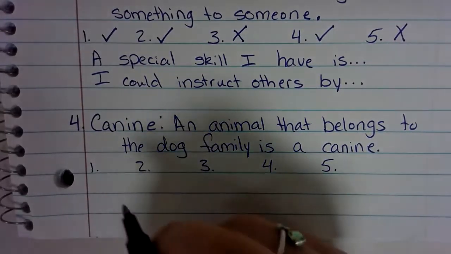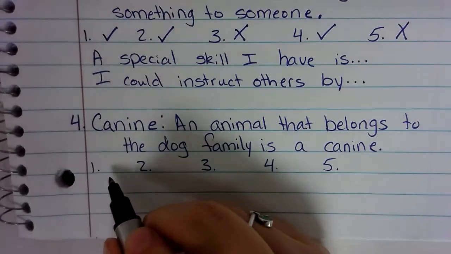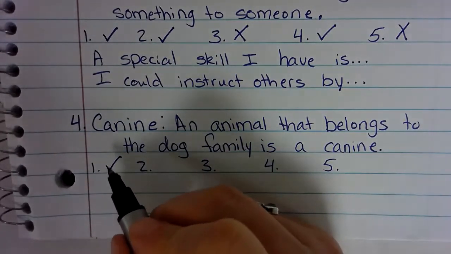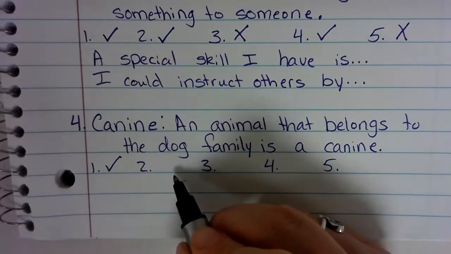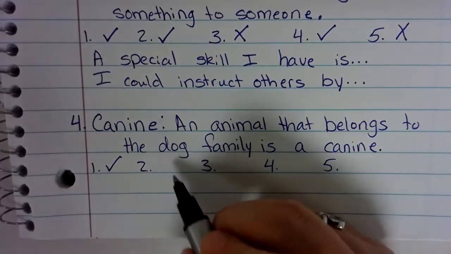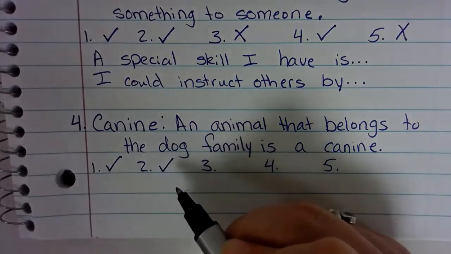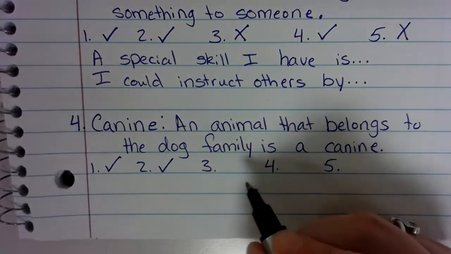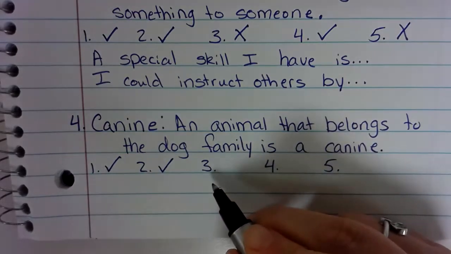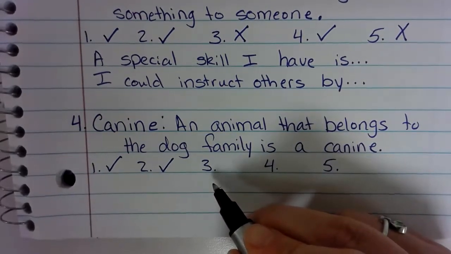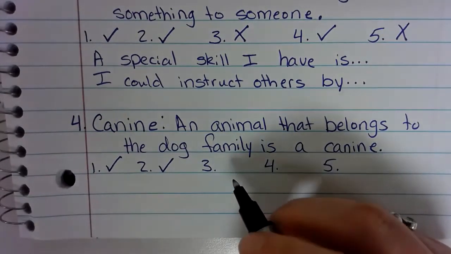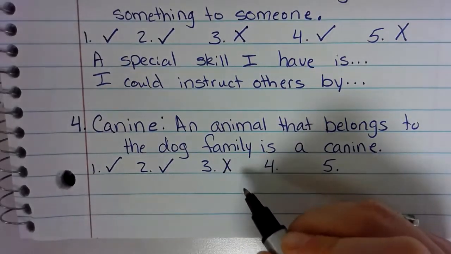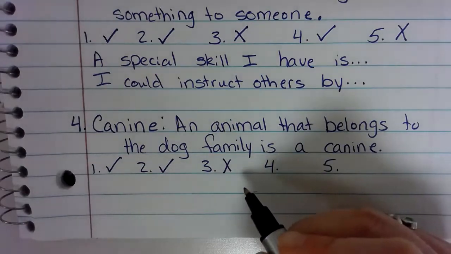All right, let's go over the answers. Number 1, fur, check. Dogs have fur, canines have fur. Number 2, this one is a check. Claws are the nails on the dog or canine's paw, so they definitely have claws. Number 3, scales. Scales is an X. Scales belong to reptiles, not canines.